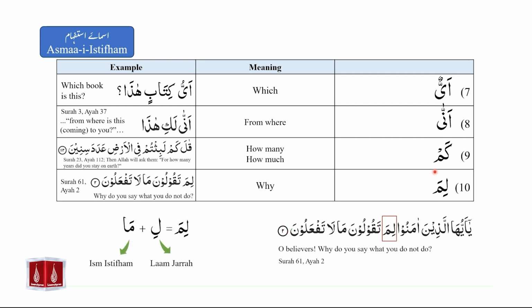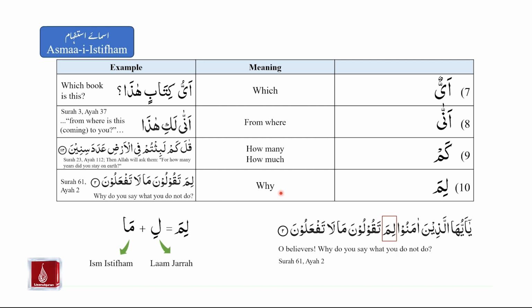Our 10th and last Ism-i-Istifham that we will study is lima. Please note that lima is made by the combination of lam ijara and ma istifham. So lam ijara plus ma istifham creates lima. Lima means why.